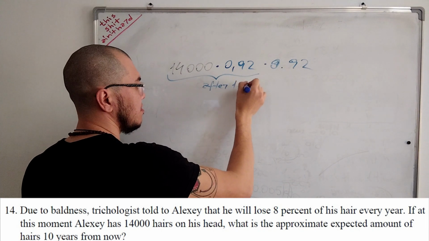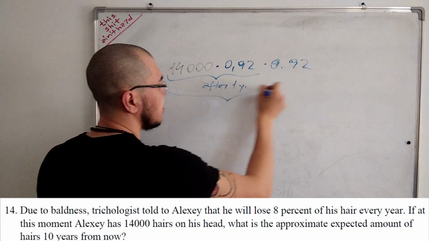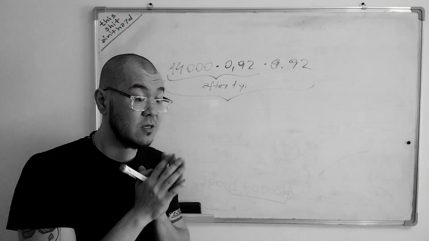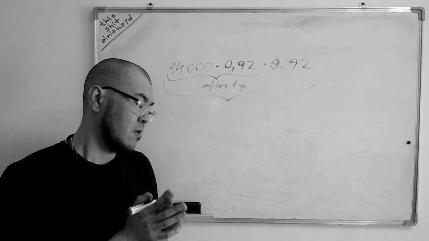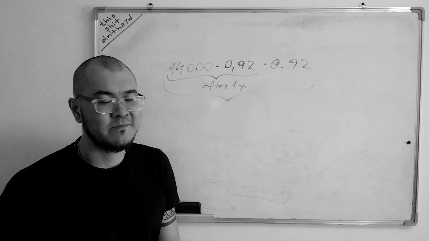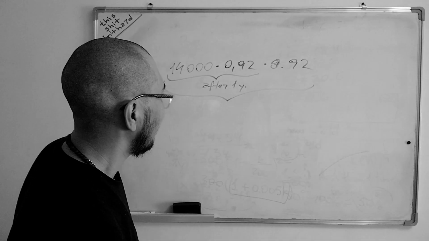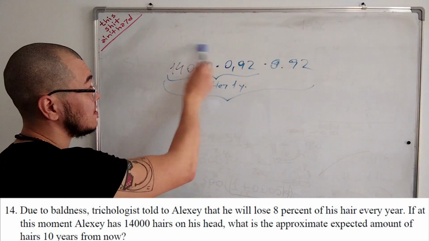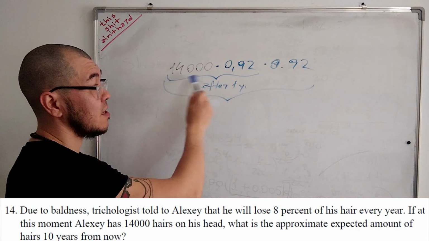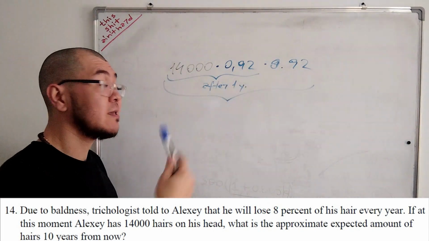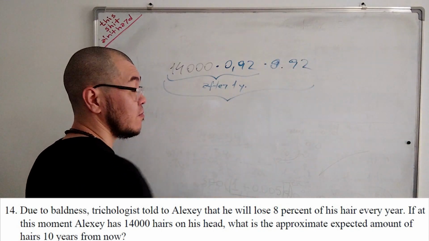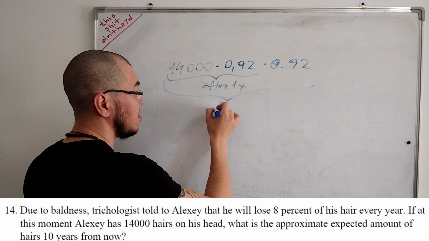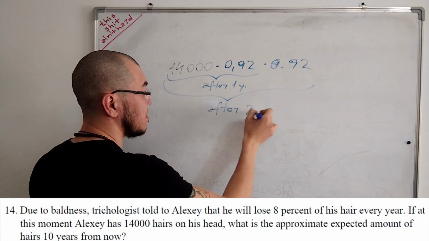The amount of hairs after the first year, if we multiply by 0.92 again, we will have the amount of hairs he will have after the second year.